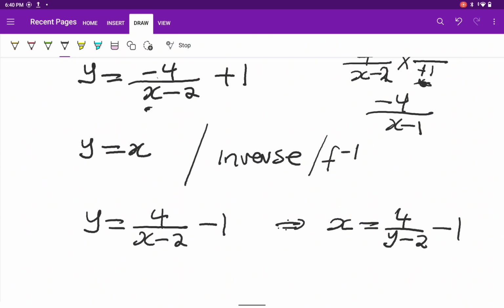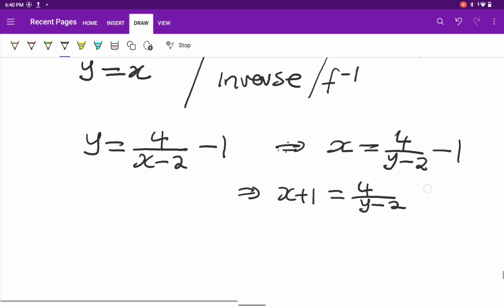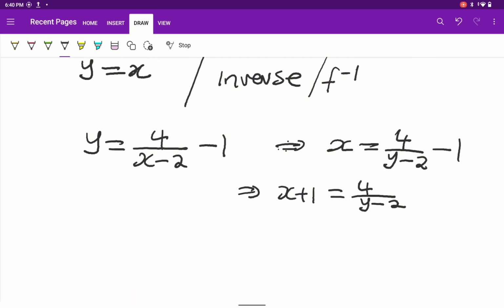All right, so we have to solve for y, so we can take the 1 that side. So we'll have x plus 1 equals 4 over y minus 2. We are busy calculating the inverse. Right, so we can multiply both sides by y minus 2. So we'll have y minus 2 multiplied by x plus 1, and we will be left with a 4 this side.